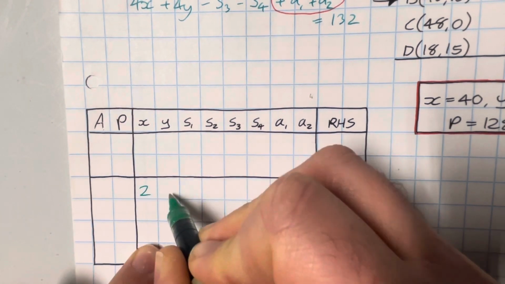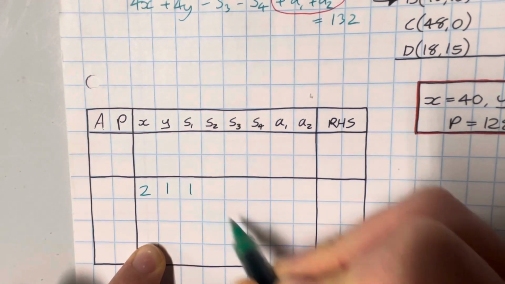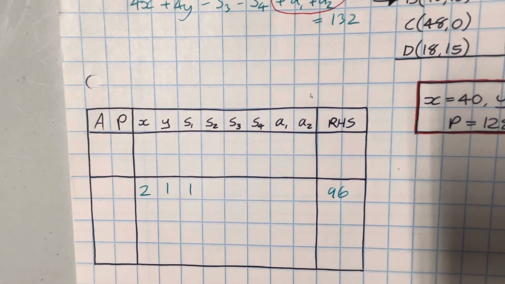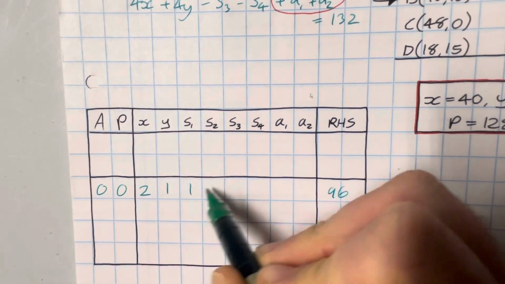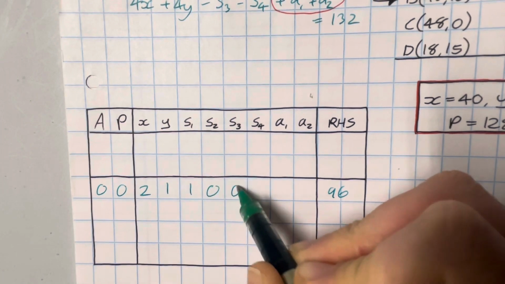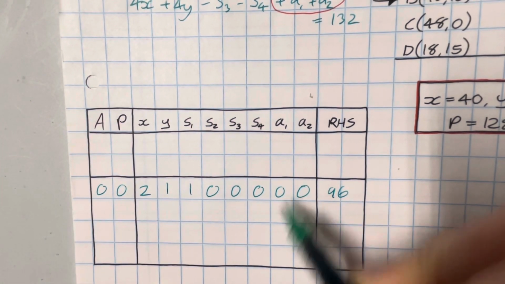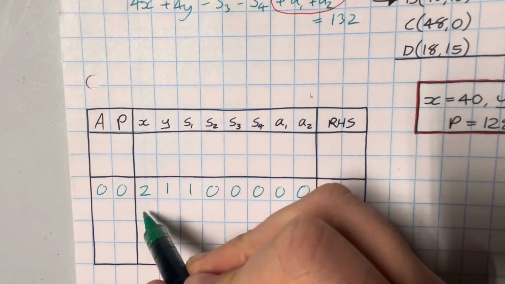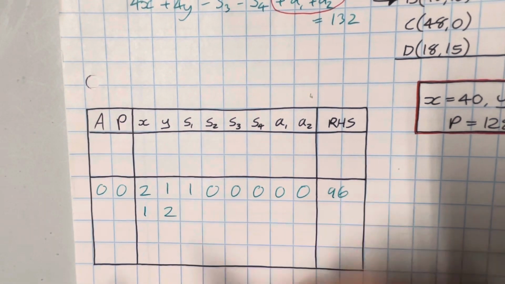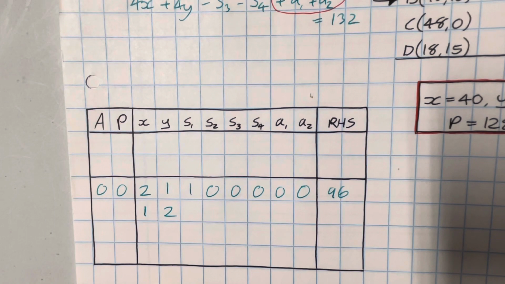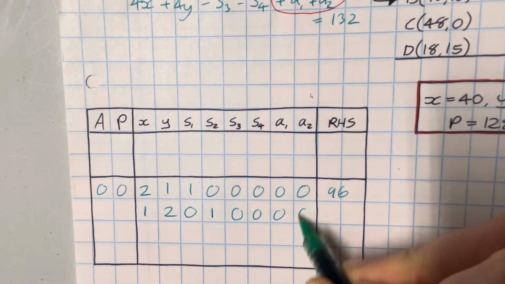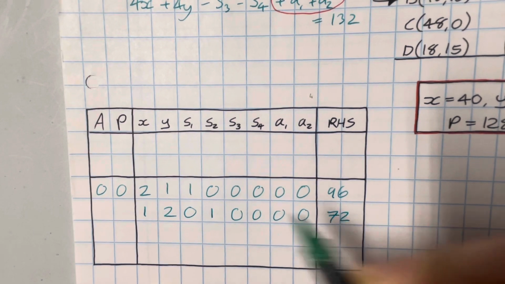So we're going to get 2x plus a y plus a slack, and that's going to equal 96. Everything else in that row will be a 0. No objective variables, no other slacks, no surpluses, and no artificials. Okay. The second constraint was x plus 2y, so that's going to be 1x plus 2y this time. And now we've got a different slack, so we called that S2. And again, zeros everywhere else.